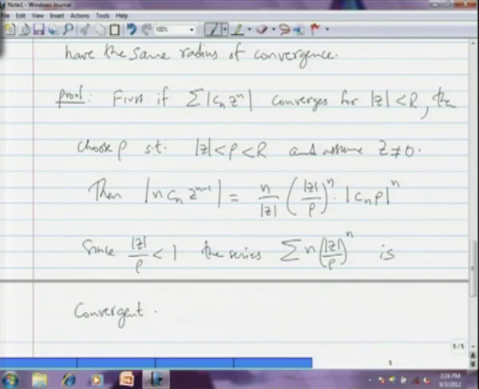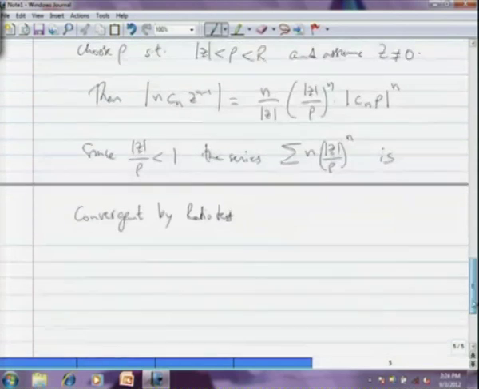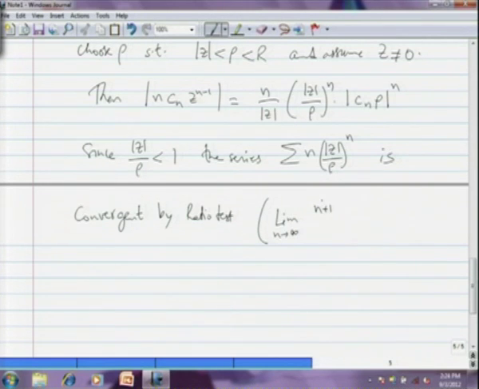It is convergent by ratio test, for example, because ratio test tells you that the limit as n goes to infinity of the n plus 1th term here, which is n plus 1 modulus of z by rho power n plus 1 divided by n times mod z by rho power n, is equal to the limit as n goes to infinity of n plus 1 by n times mod z by rho.